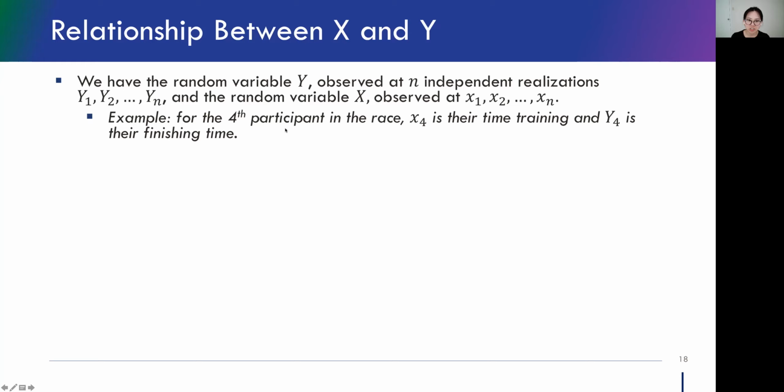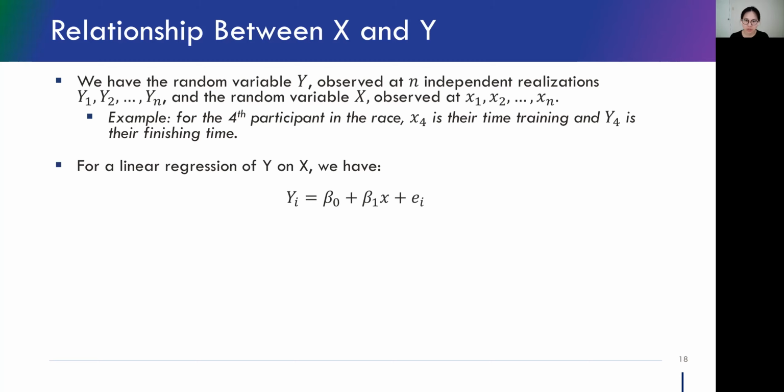And in the previous example, x1 is the percentage in Alaska for 2008, and y1 is the percentage voted in Alaska in 2012. This is just another example, but we formally define y from y1 to yn and x from x1 to xn.